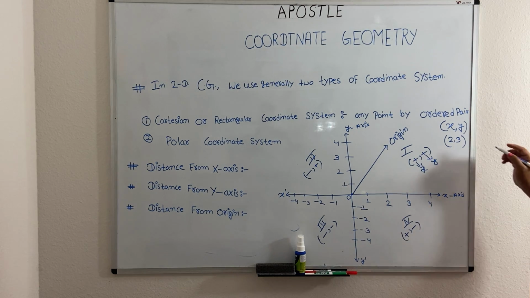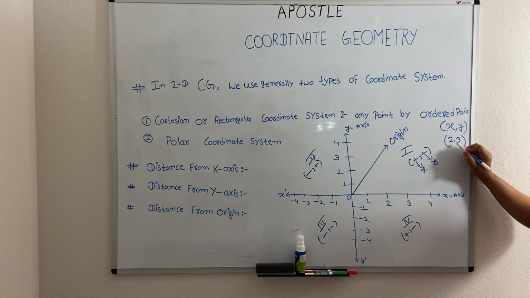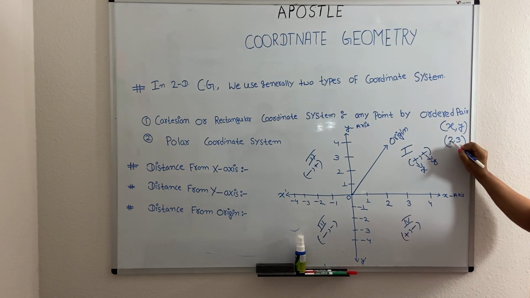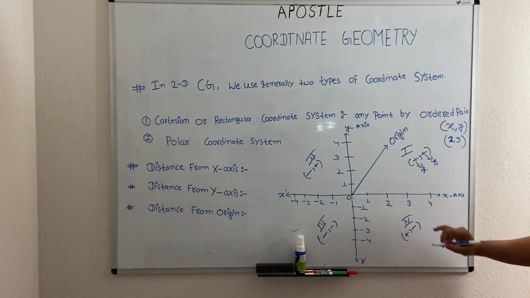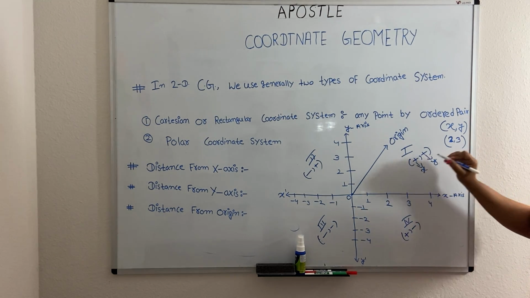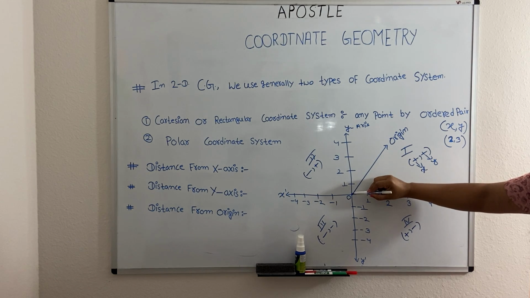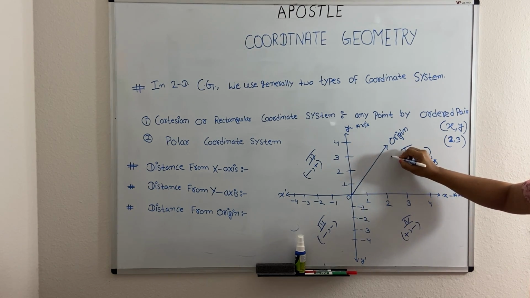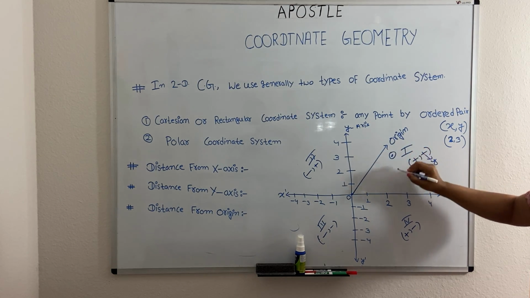Now suppose we have to plot the point (2, 3) on the Cartesian plane. So what do we mean by 2? 2 means the x value is 2. So where is 2? Here. And y is 3, so where is 3 on y? Here. So we can plot (2, 3) at this place.